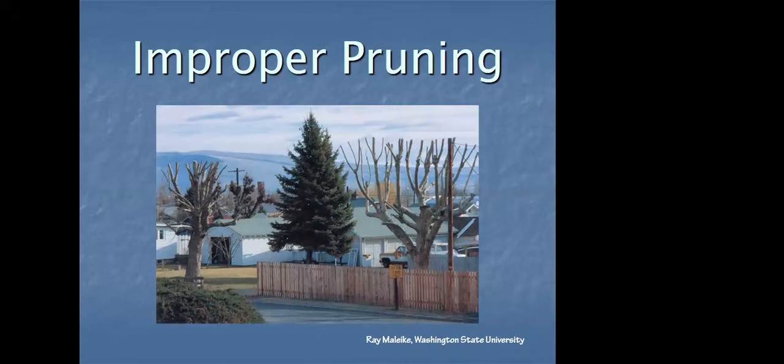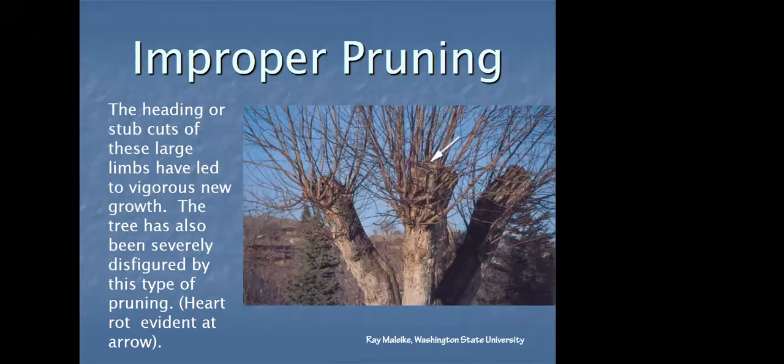And what ends up happening if trees repeatedly get topped, you create a hazard tree over time where you have these upright branches that have weak angles that can come down in heavy storms. You also end up creating a platform for moisture to sit and accumulate, and you can end up having heart rot work its way down through the tree because you've got this flat top all of a sudden that's open to the inside of the plant where moisture can accumulate.